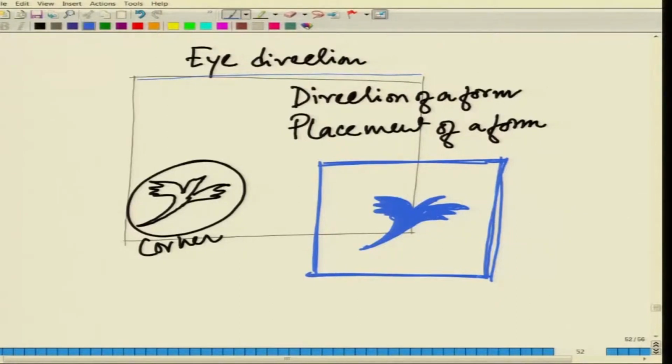Stability of an object in a composition also depends on another factor, that is how much space it occupies.